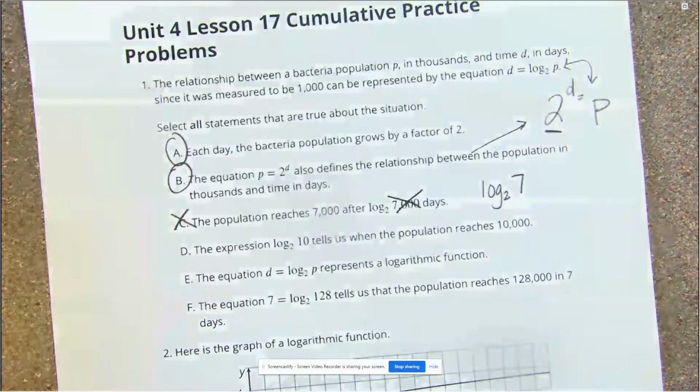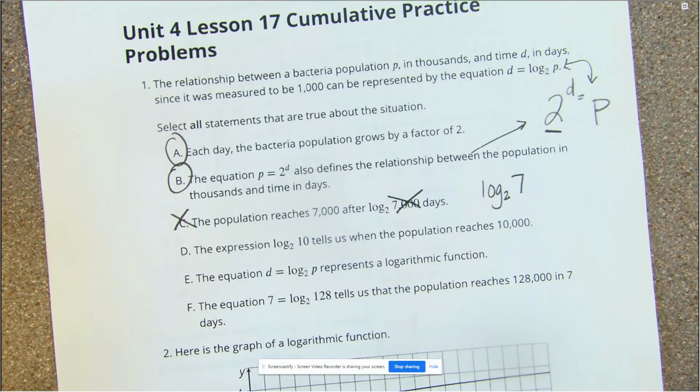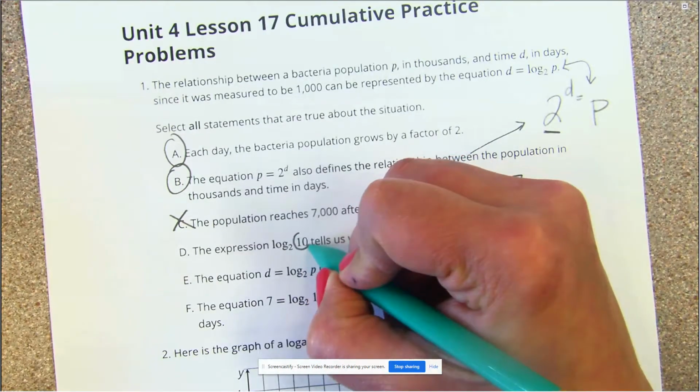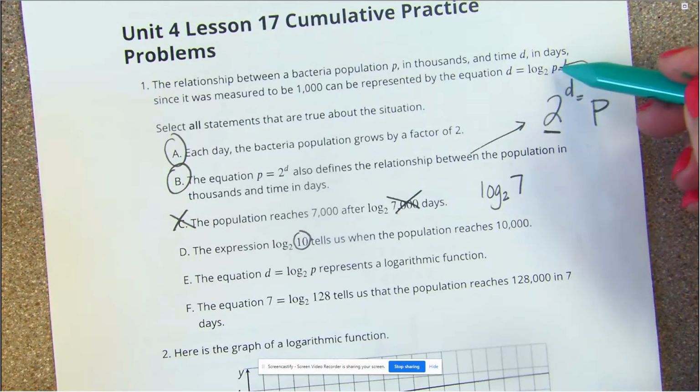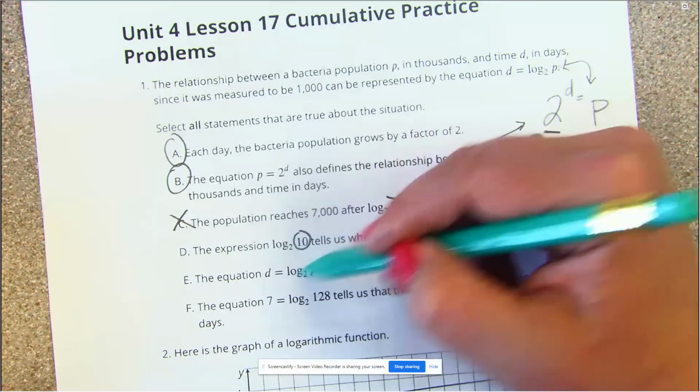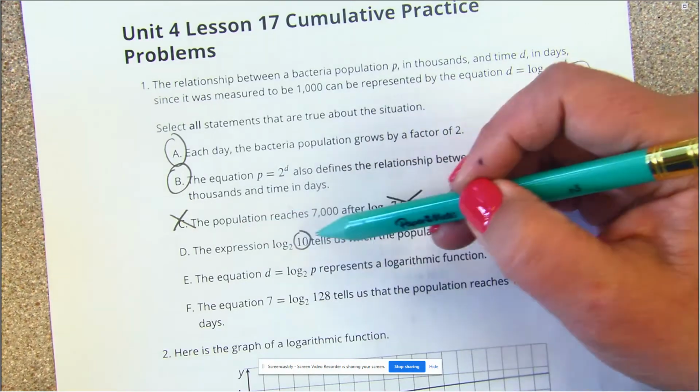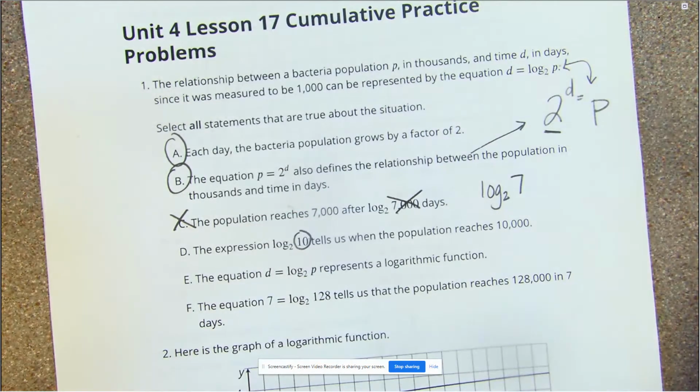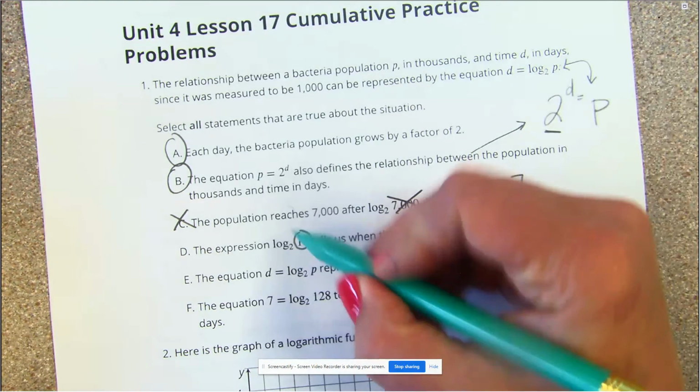No. Letter D, the expression log base 2 of 10 tells us when the population reaches 10,000. Yes, the answer to this would give us how many days it would take for the bacteria population to get to 10,000, because p is in thousands.